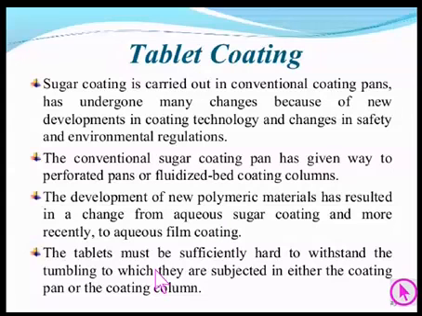The tablets must be sufficiently hard to withstand tumbling to which they are subjected in either the coating pan or the coating column. Obviously, in a coating pan or coating column, where the tablet bed is charged and the coating solution is applied, the tumbling action is bound to happen there, so the tablet should be hard enough to withstand the mechanical shocks and vibrations that are going to occur during the tumbling operations.